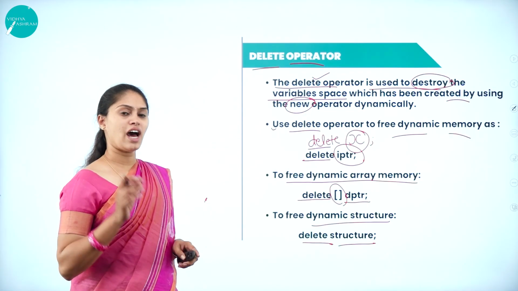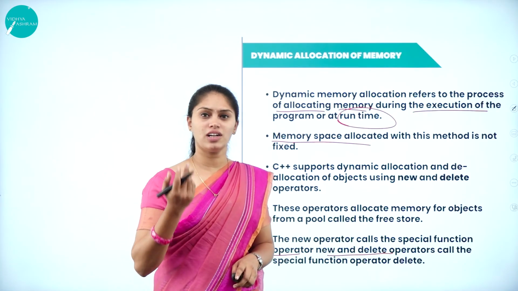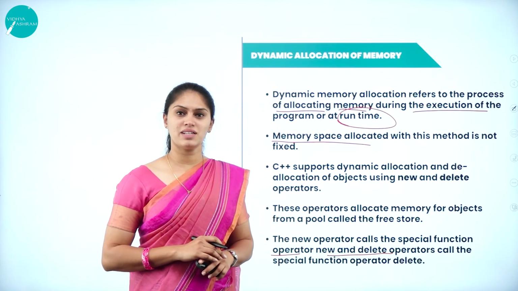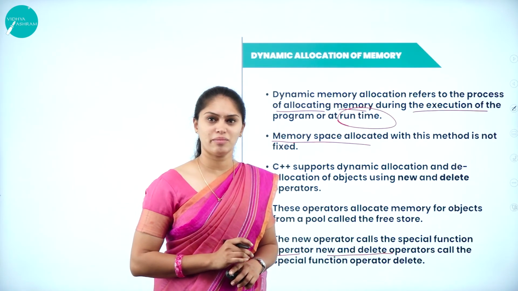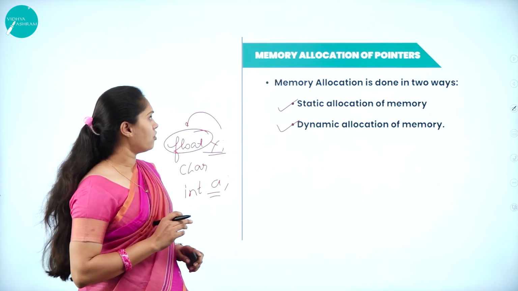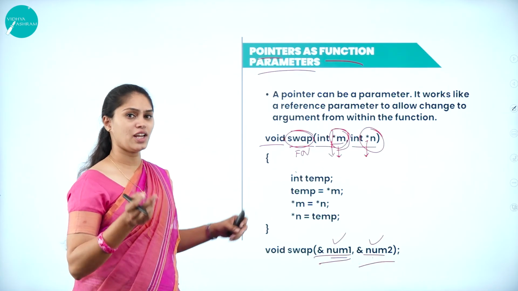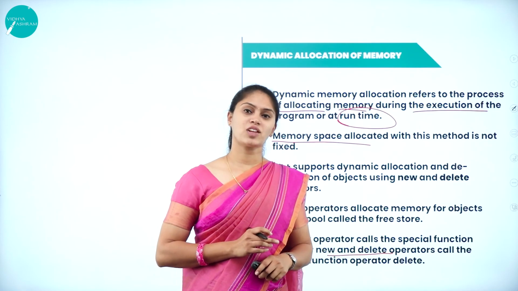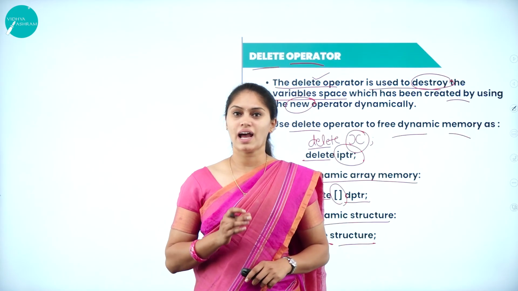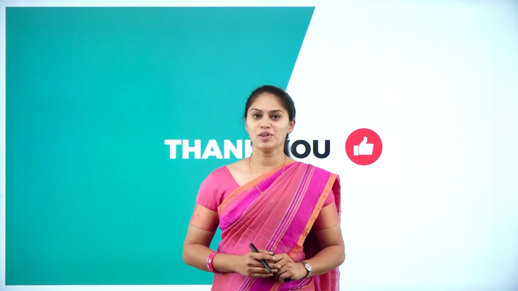In this, you have to remember its syntax in order to allocate the memory space dynamically and to deallocate the memory space dynamically. After that, I have discussed how I can use pointers as a function parameter or as an argument. It's all about today's session.